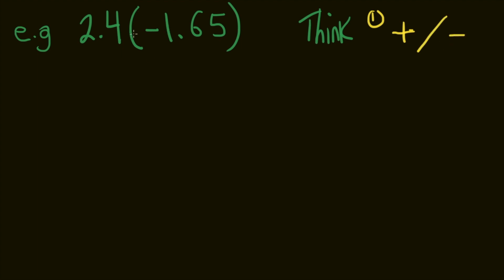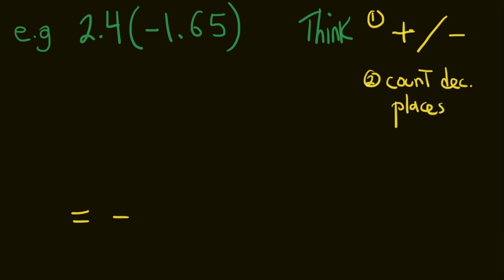So going back to our original rules, this is a positive by a negative, so we know that our answer eventually is going to be negative. We know that. And the other thing I do like to look at when I'm multiplying decimals is count the decimal places in total. And that'll give you an idea of how many decimal places there should be in your answer.